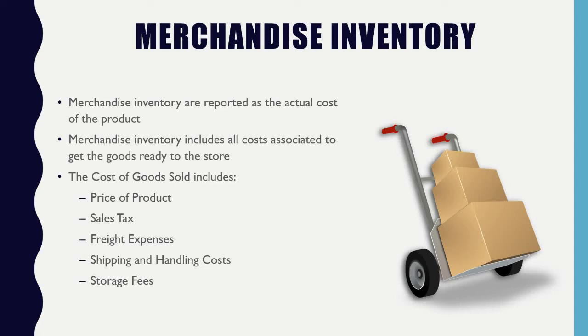So there are a lot of things you have to realize will be included to get your inventory to your store. Those can include the original price of the product, sales tax, freight expense, shipping and handling, even storage fees. Those are all included as part of the cost of your goods.